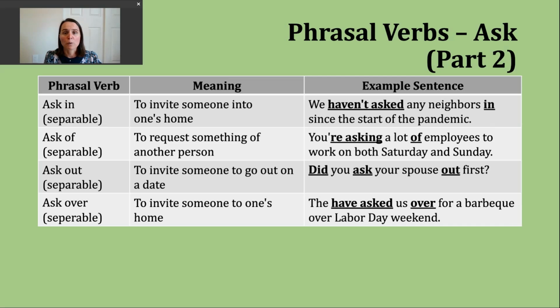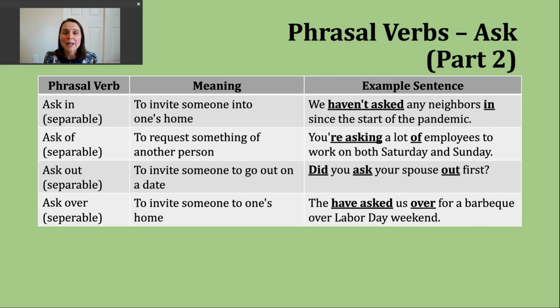So again, we've got an object between our verb asking here and the preposition of. This is another present progressive sentence. And here, this a lot might be just a shortened way to say you're requesting a lot of time, a lot of effort, a lot of devotion from employees to make them work both Saturday and Sunday.